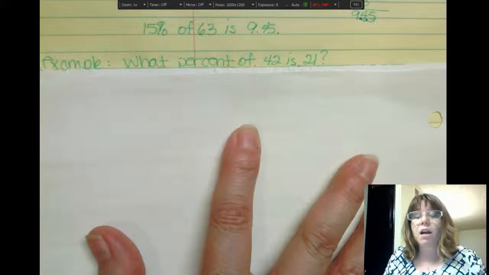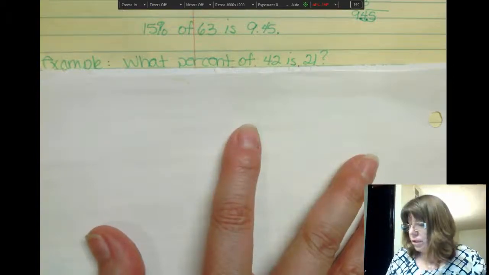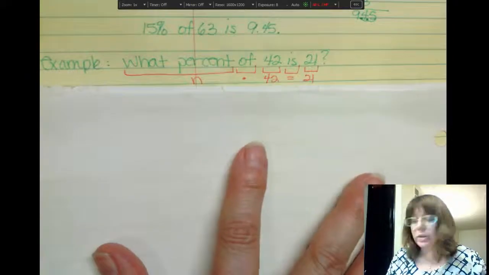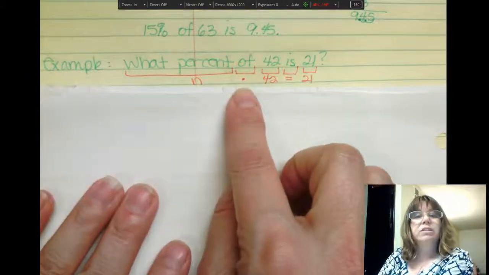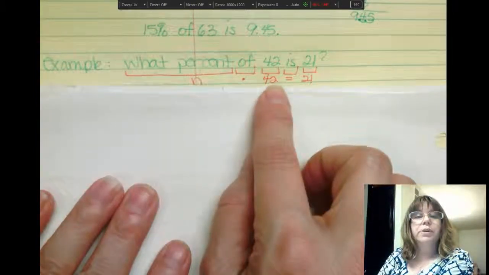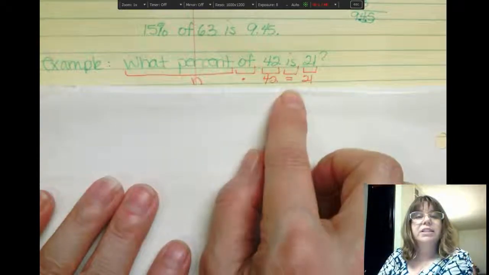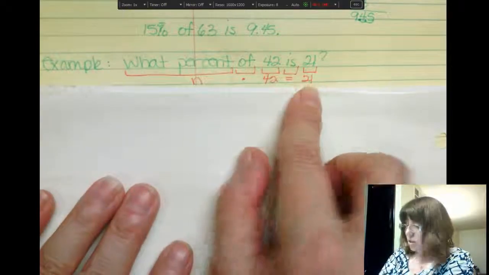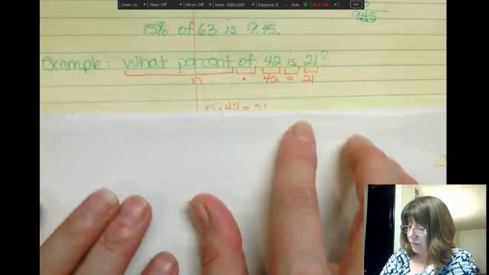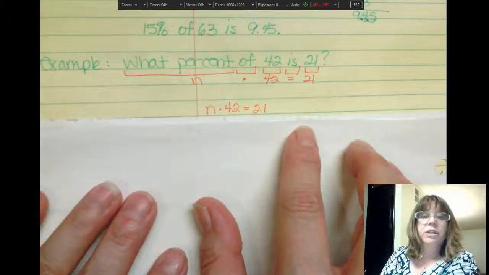What percent of 42 is 21? So again, what percent is going to be our n. Of is multiplication. 42 is just a number. Is translates to an equal sign. And 21 is just a number. So when we put it all together, n times 42 equals 21.